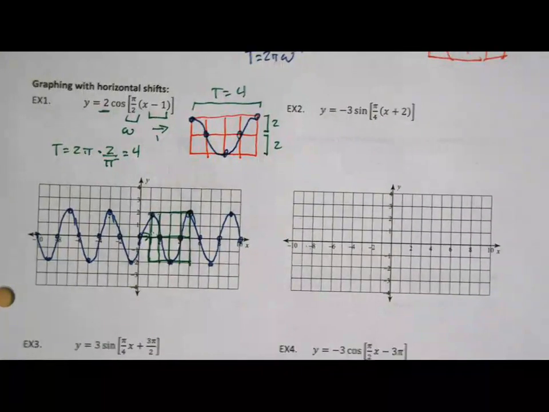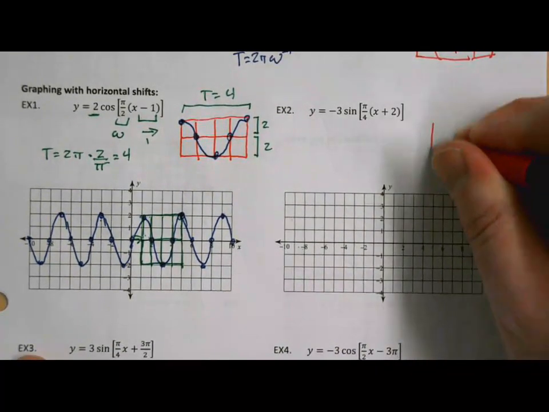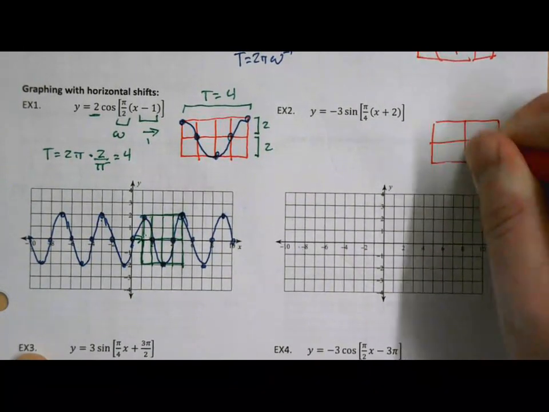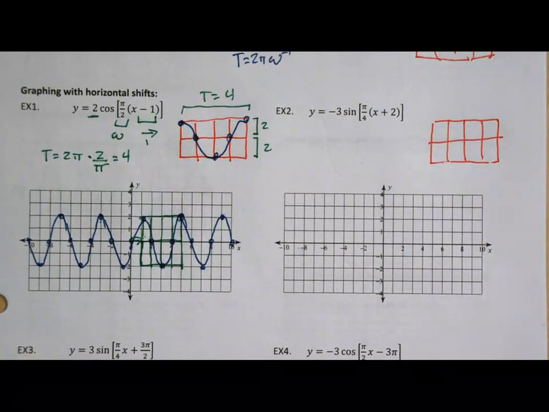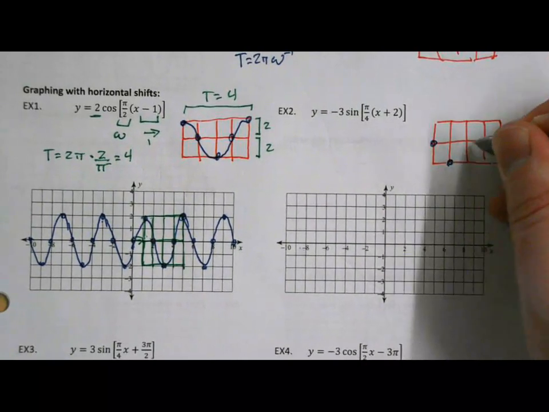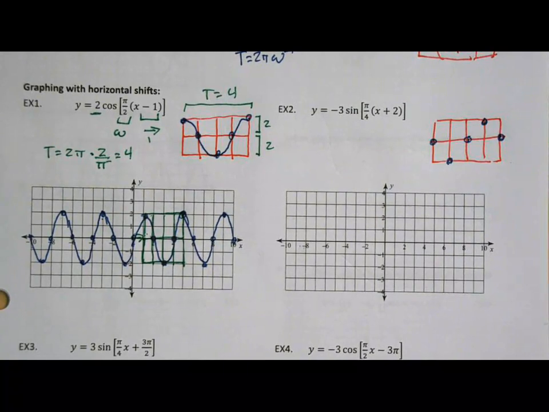See if you can do as much of number 2 as you can. I would highly recommend that you start by sketching yourself a little window pane here, making a sketch of what a period of, air quotes, negative sine looks like.